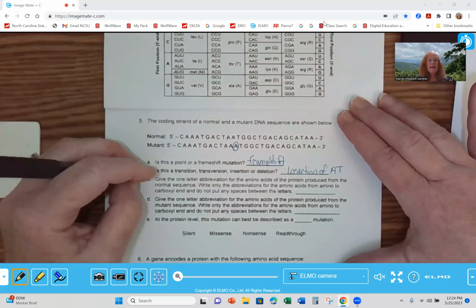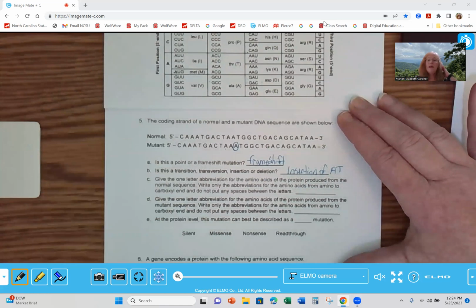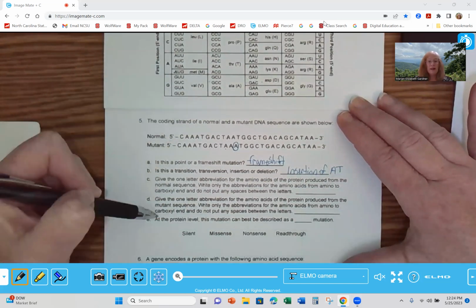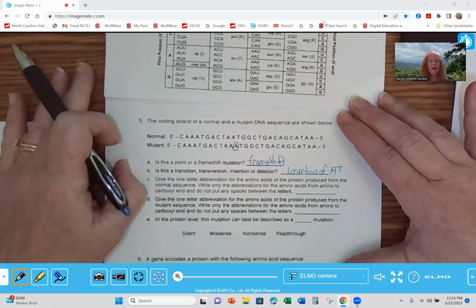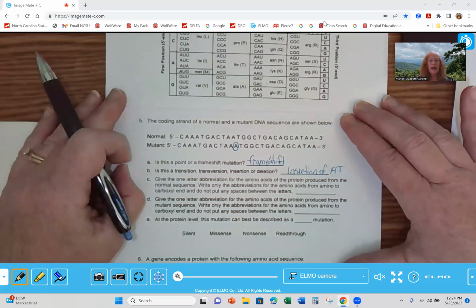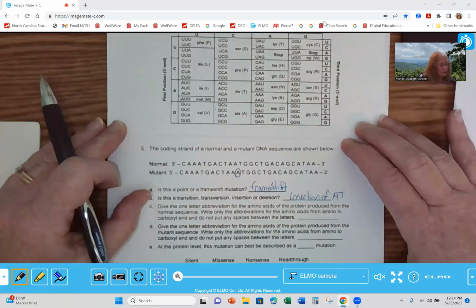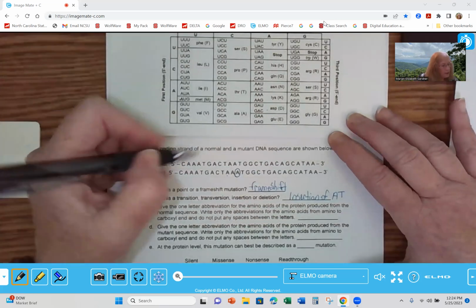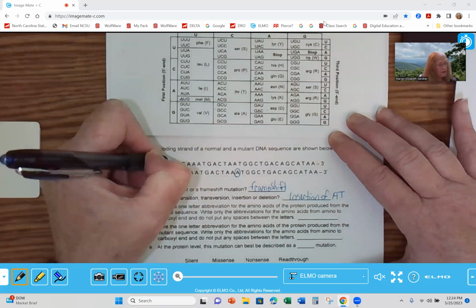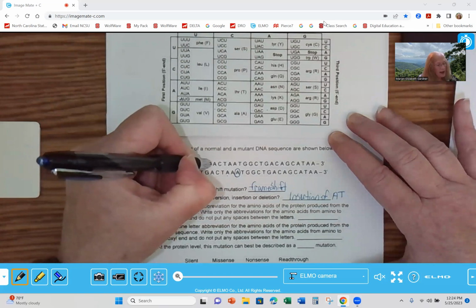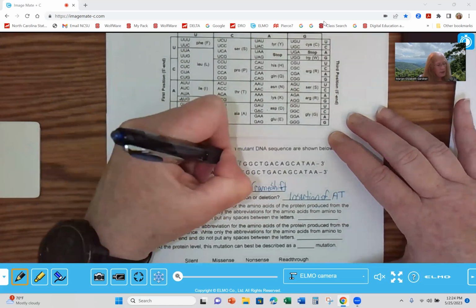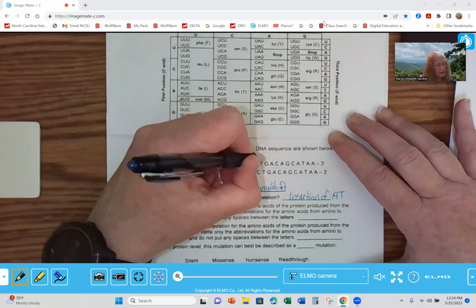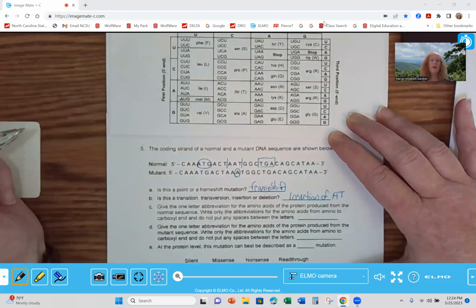And then it says to give the one-letter abbreviation for the amino acids in the normal sequence, and then you're going to do the same in the mutant sequence and figure out how to classify this particular type of mutation. So the normal, start off, go across from the 5' end. We read our ATG as AUG. I'm just going to divide this into codons till I get to a stop codon.